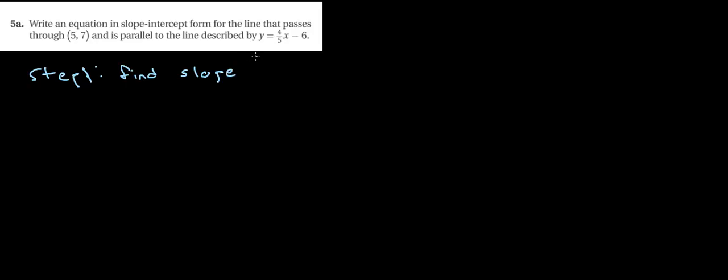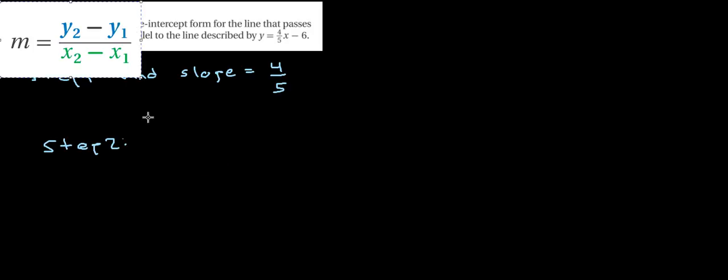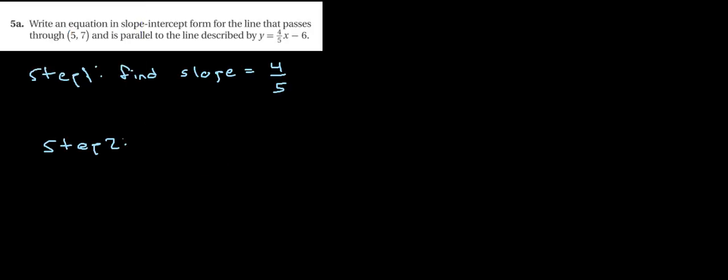You know that parallel lines have slopes that are equal to each other. So the slope of this line is 4/5, and I'm going to say my slope m equals 4/5. Cool. So step 2 is to write it in point-slope form.